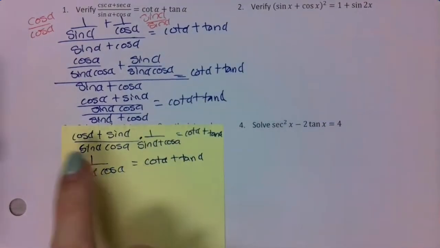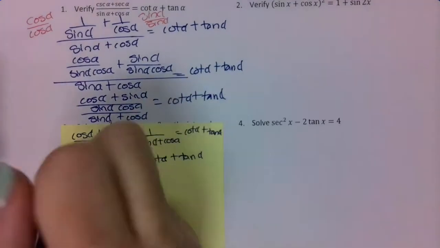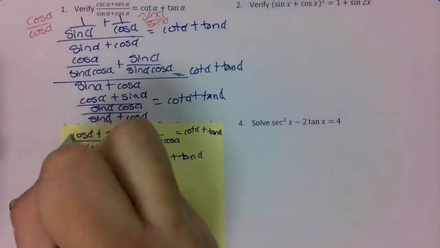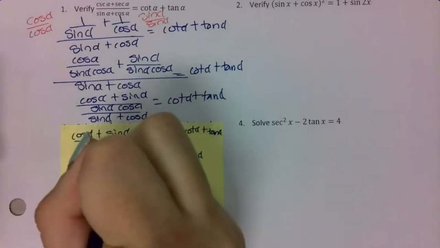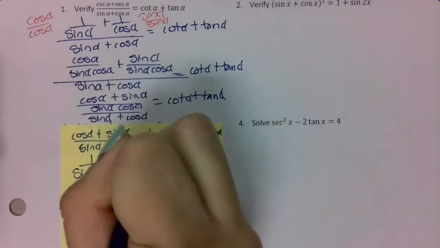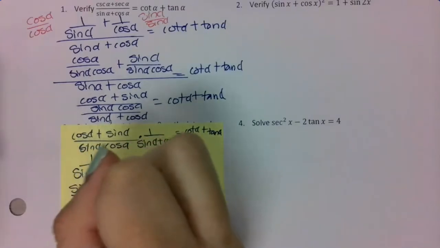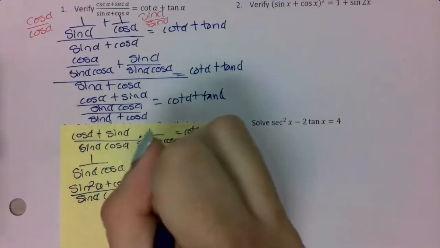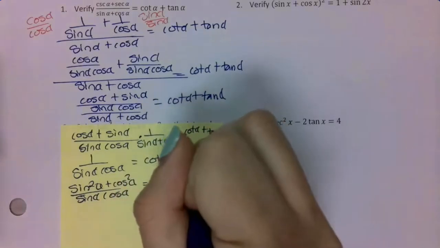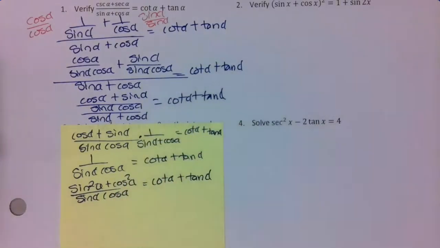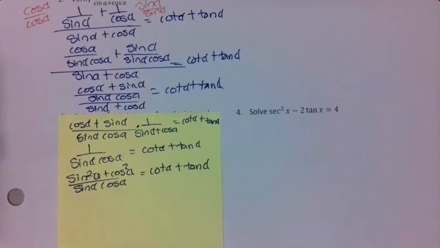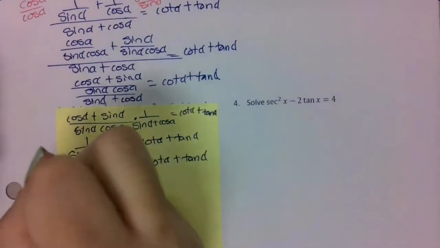Then I'm going to replace this 1 with sine squared plus cosine squared. I am going to split this into two separate fractions.